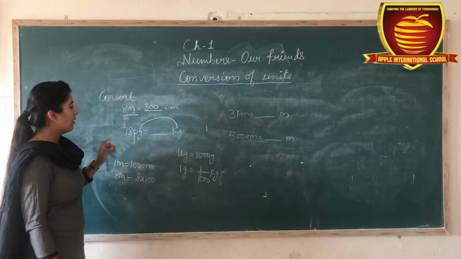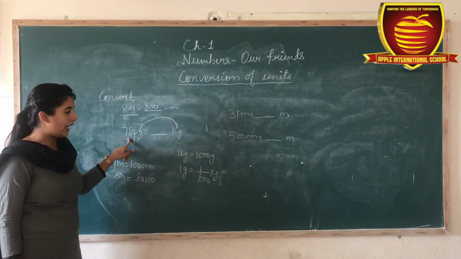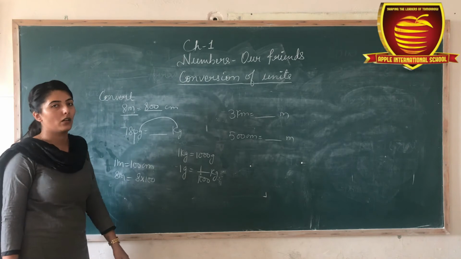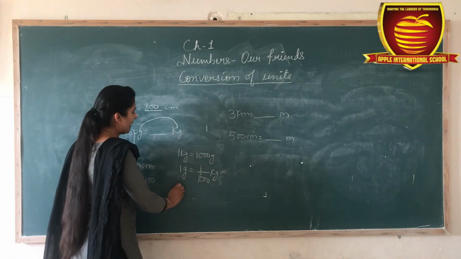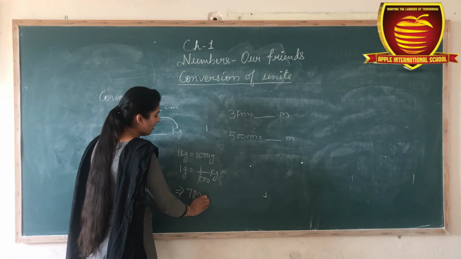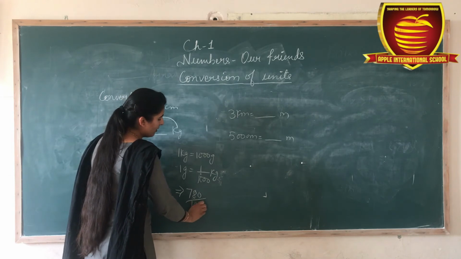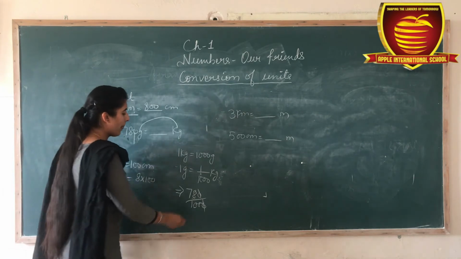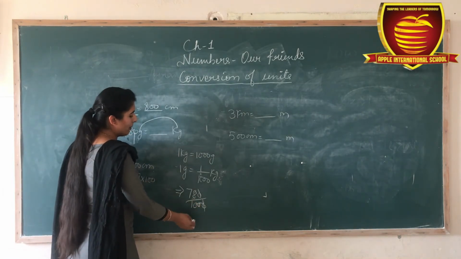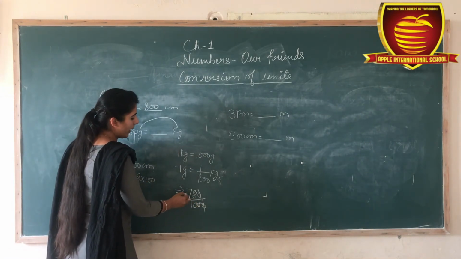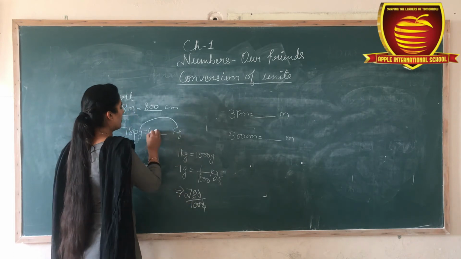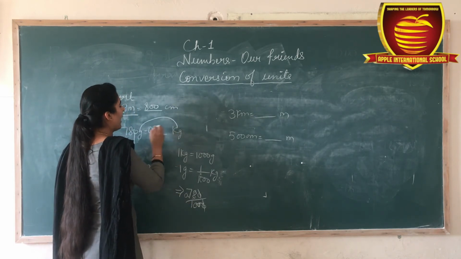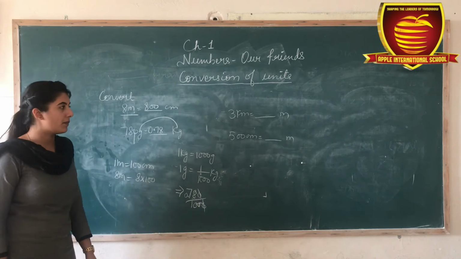So here we divide 780 by 1000. The 0 is cancelled, and we put the decimal point, so the conversion becomes 0.78 kg.